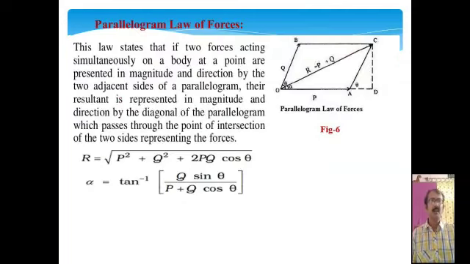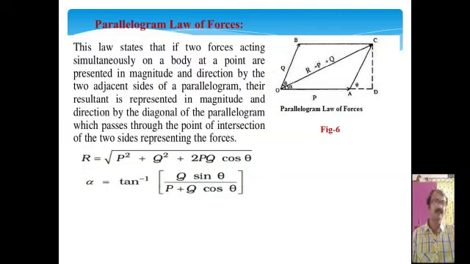Now the parallelogram law of forces. This law states that if two forces acting simultaneously on a body at a point are represented in magnitude and direction by the two adjacent sides of a parallelogram, their resultant is represented in magnitude and direction by the diagonal of the parallelogram which passes through the point of intersection of the two sides representing the forces.